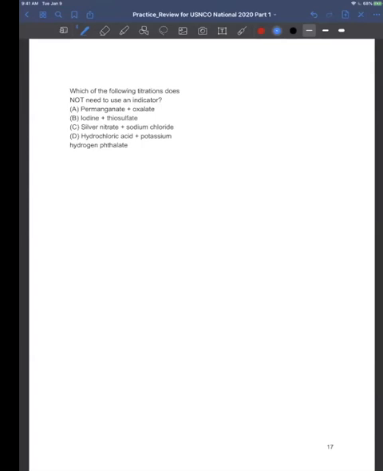The question is not hard, but actually the correct percent is pretty low, right? A lot of you chose C because you probably think silver chloride is a white precipitate, and we will know the endpoint when there is no more white precipitate produced. But it's not practical, because how can you tell there's no more white precipitate? So you still need to use the indicator. What is the indicator? It is the chromate.